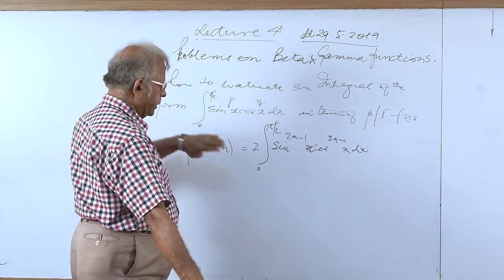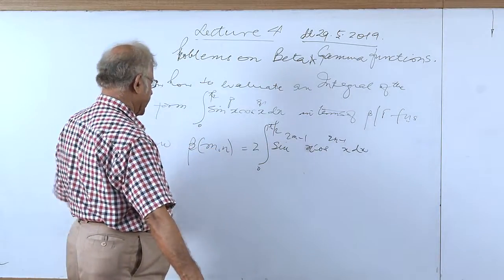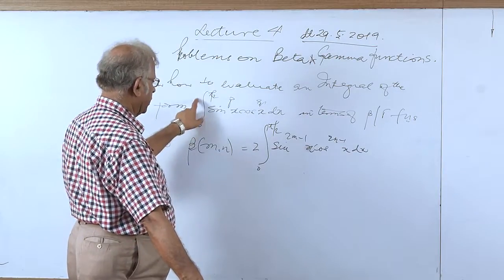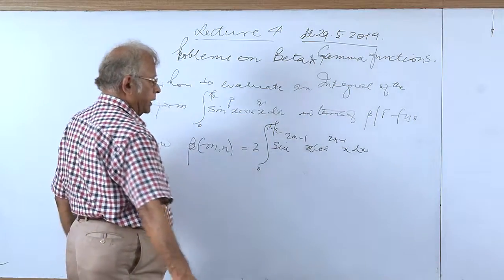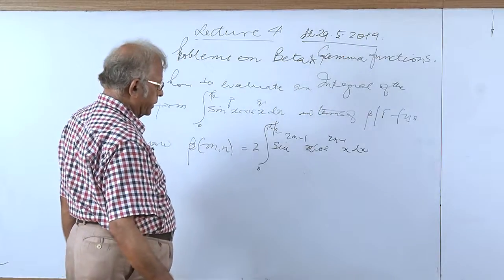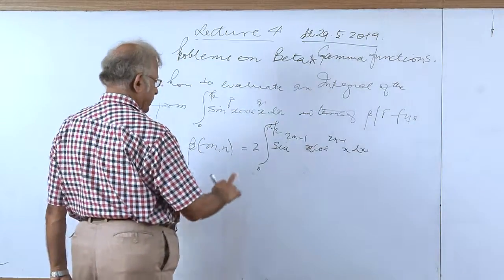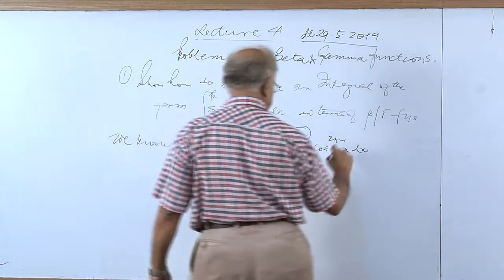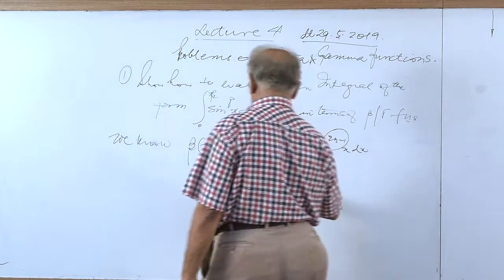So we are going to make straight utilization of this property and see how we can evaluate an integral of this form. Well, there is nothing much to be done here except that we put 2m minus 1 as p and 2n minus 1 as q.